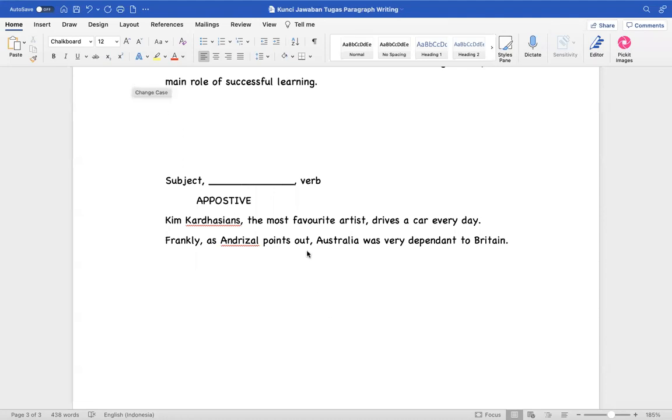Okay, so this one is non-finite because it is not attached to the subject, and the subject is Australia. So the finite form is was. Okay, so this one is finite and the green one is non-finite.